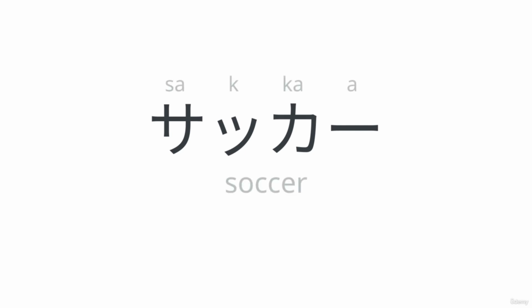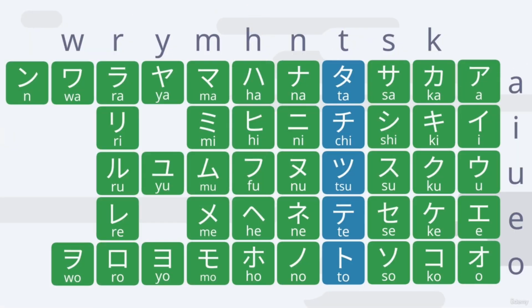Like with hiragana, a small tsu creates a double consonant sound. Attack. Okay. Soccer. We learned the characters ta, chi, tsu, te, to.